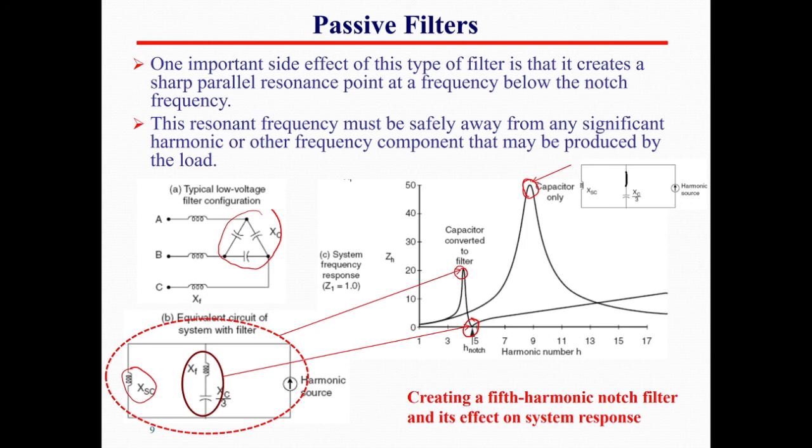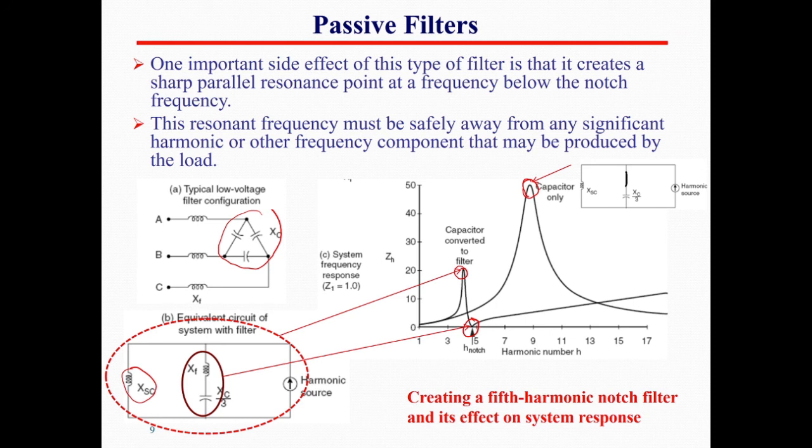Suppose we would like to get rid of the fifth harmonic. We will not actually design the filter to work at the fifth harmonic; I will explain that later on. We design it to work at a harmonic lower than that, let us say around 4.7.